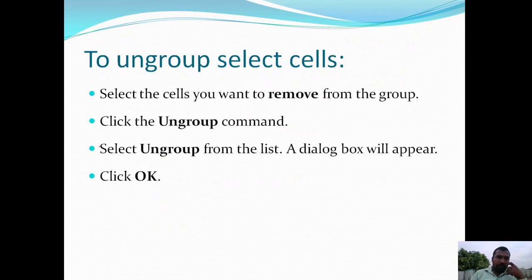If you want to perform an ungroup operation on the set of data which is already subgrouped or grouped, at that time select the cell you want to remove from the group. Select the cell for which row you want to perform the ungroup operation. Then click on the ungroup command.